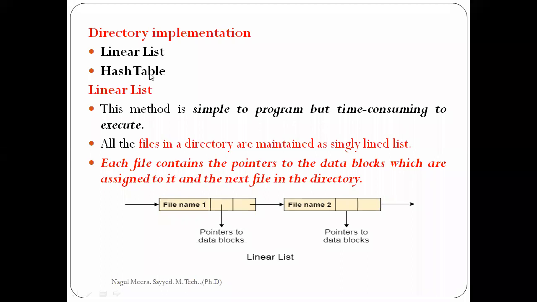But in usage, the linear list is the worst, we can say, because it is very slow if you want to create, update, or delete. With the hash table, construction is somewhat difficult, but using it is very, very easy. In every operating system, the hash table is used for directory implementation.